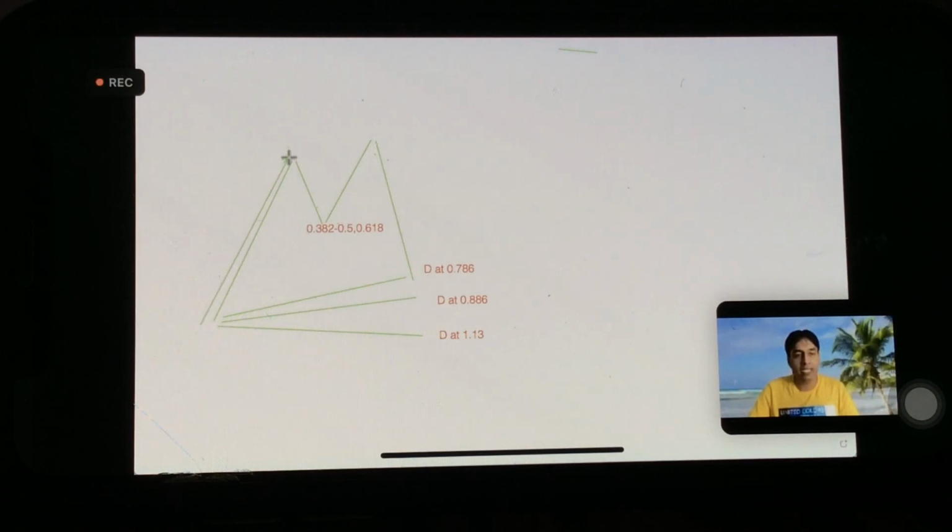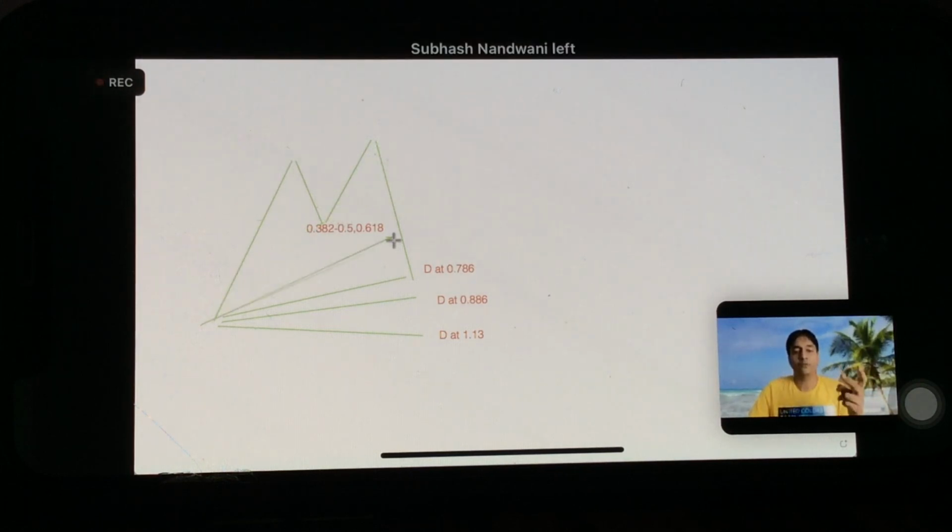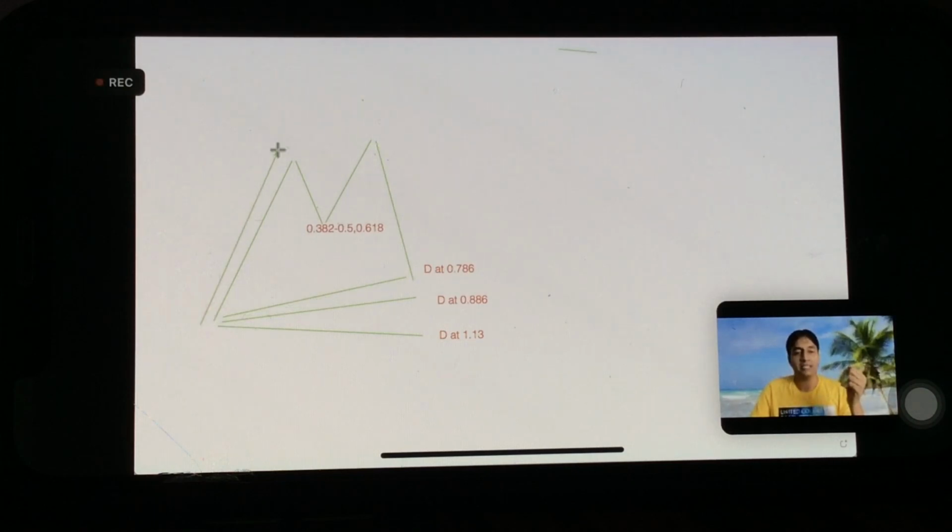But A will be here, B will be here, and C is beyond A. So there is no ABCD pattern when C has crossed. So in these three patterns, cipher, shark, and alternate shark, ABCD is not there. There are only two methods of finding the D point. One is as per the XA retracement rule, any of these three, and second is as per BC projection. Clear? Any confusion in this?